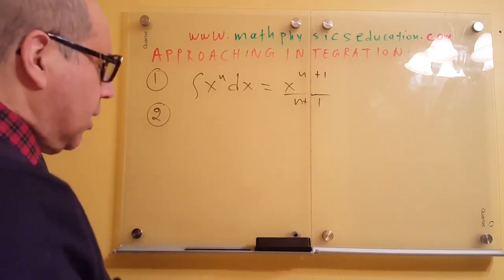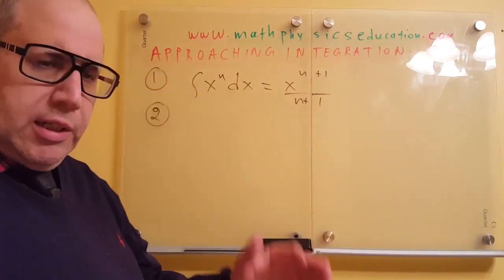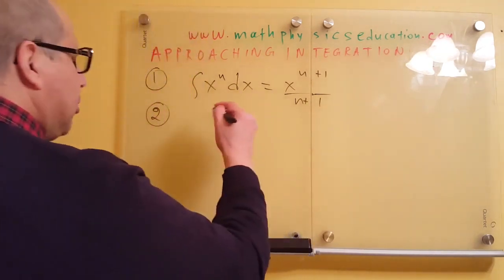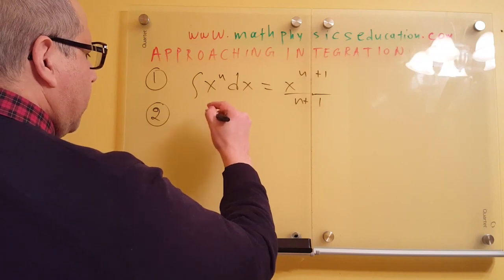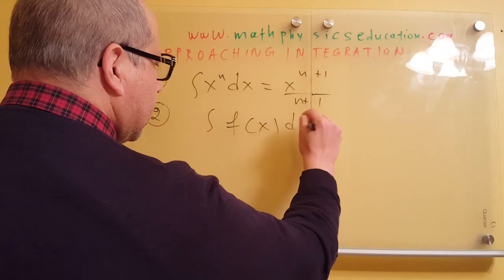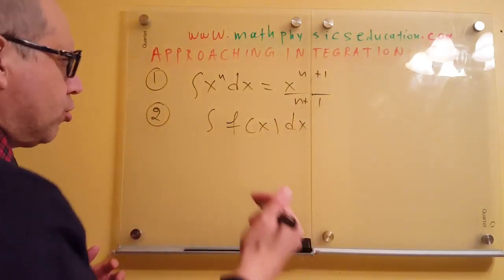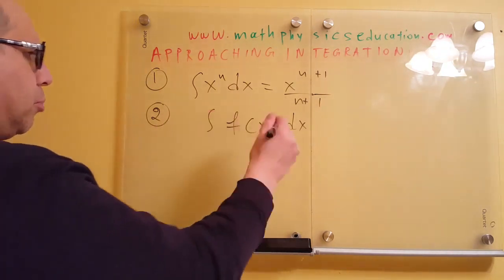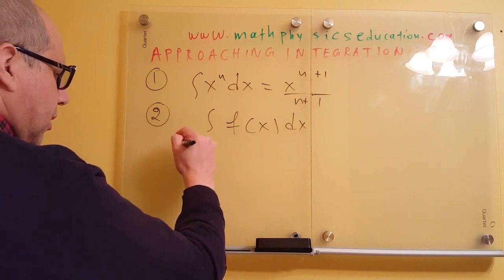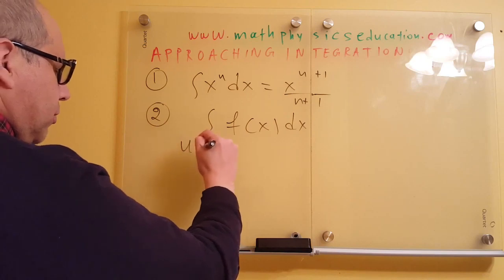Now, when do we have a clear signal that we have to use substitution? Let me tell you what happens when you have to find an integral of a function, let's say f of x dx, and you use substitution. What you do is you substitute part of the f of x equal to some other variable u.